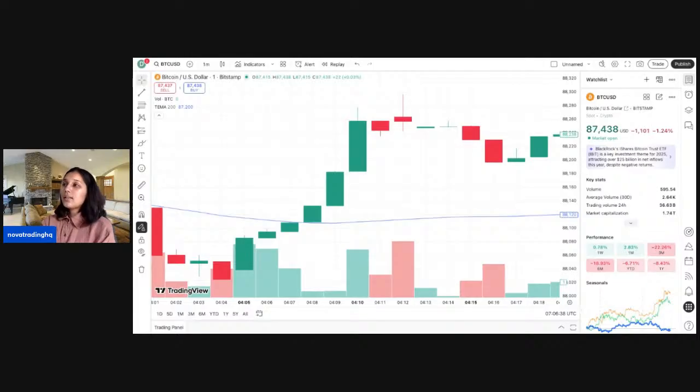It is telling us that buyers are winning the line in the sand, and this often attracts trend followers. If you enter here, you probably want a defined stop, probably below the MA or maybe below the last higher low. So this thing we need to keep in mind, right?